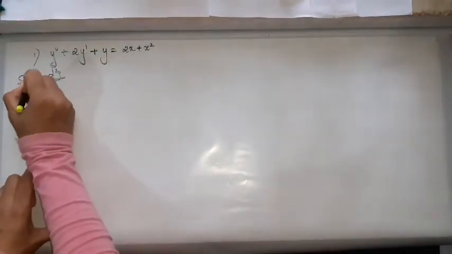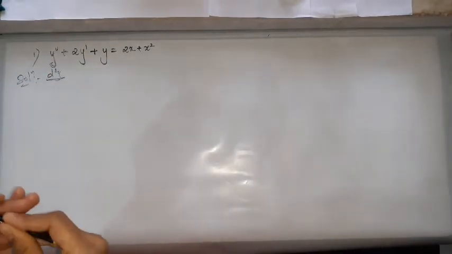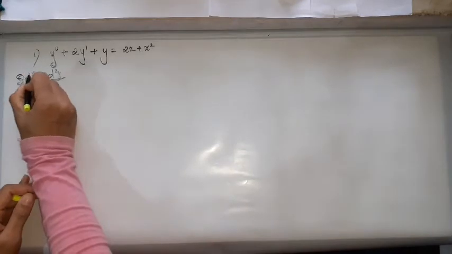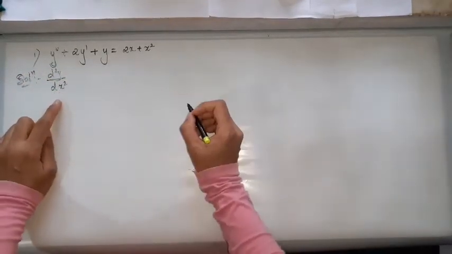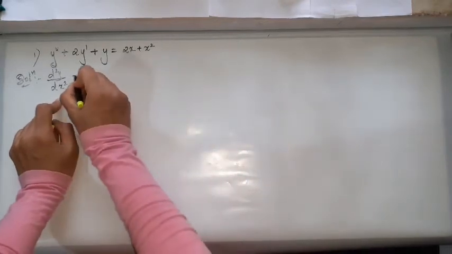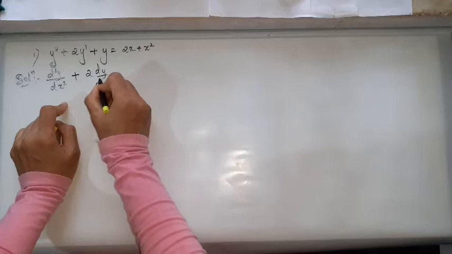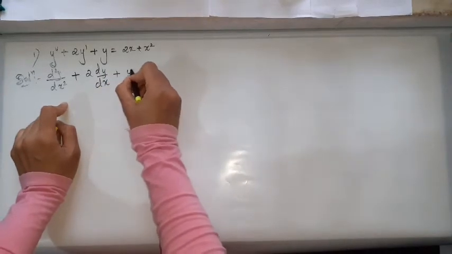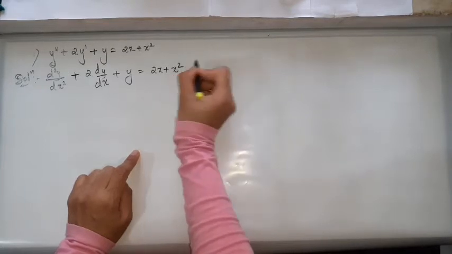Let's start with the solution. All of you, please solve with me. It is nothing but d square y by dx square plus 2 times dy by dx plus y is equal to 2x plus x square.